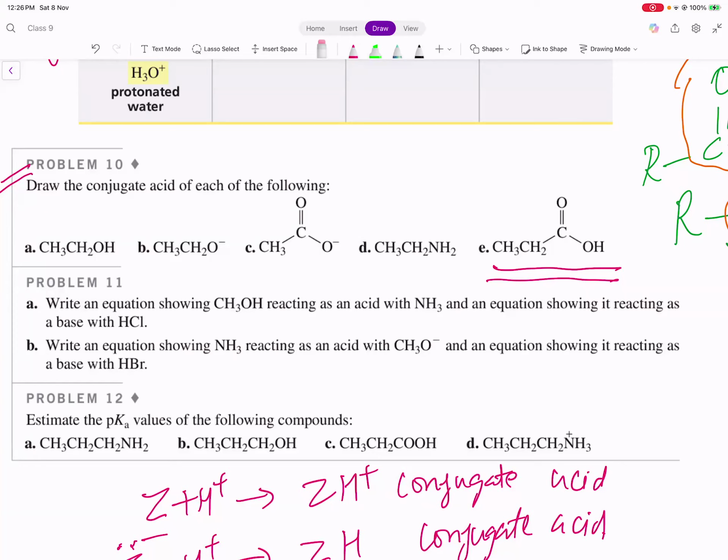Okay, conjugate acid: first is correct, second is correct, third is also correct, fourth is correct, fifth is also correct. Very good. I'm very happy, Sanchita, especially with the way you are drawing the structures. Even my best students are not able to draw so neatly. Good handwriting.